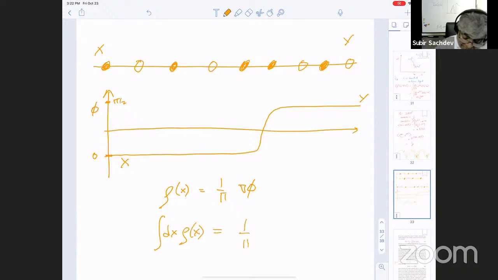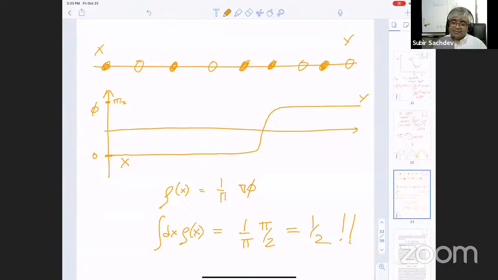So that's 1 over pi, the integral of grad phi gives me pi over 2, equals 1/2. So here is our famous fractionalized charges that we saw in 2 dimensions. The spinon, for example, the e particle had fractional boson number 1/2. So here's something that has fractional fermion number 1/2.